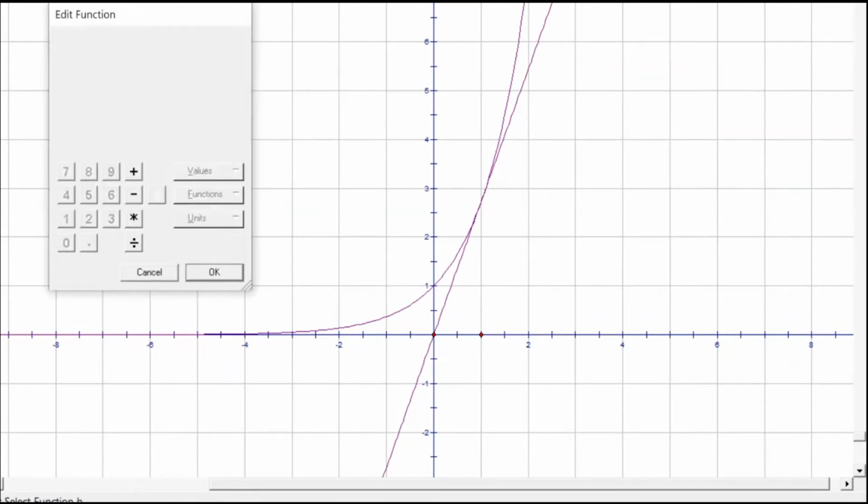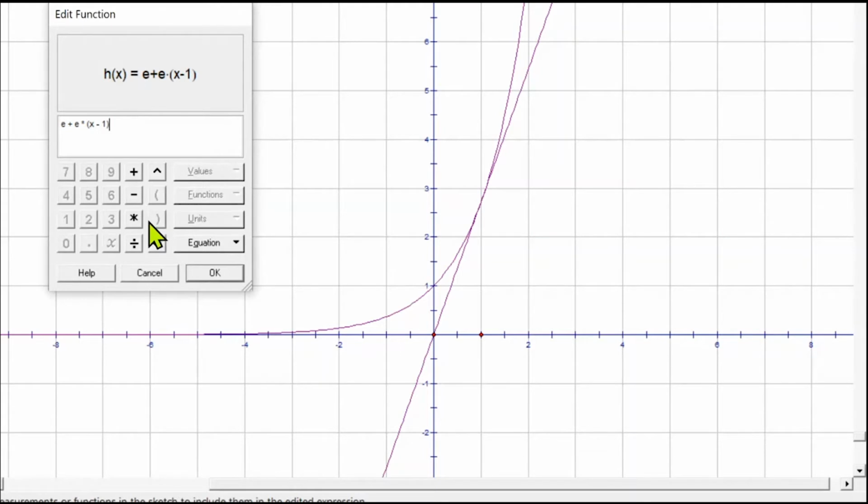Okay, now let's add one more term. So that was plus e over 2 factorial times x minus 1 squared.